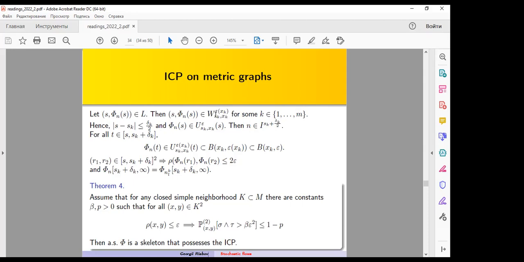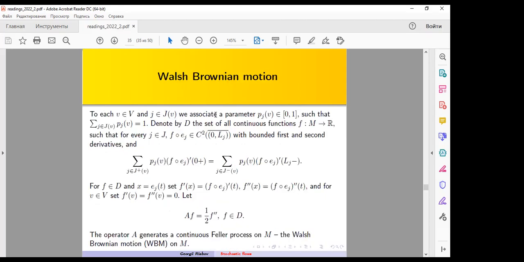Why kappa is equal to 1 must be clear, because locally a metric graph is like a union of segments, and it means that any alpha which is bigger than 1 suffices. So we will consider this condition with alpha equal to 2. And there is a class of processes for which this condition can be verified. These are Walsh Brownian motions.